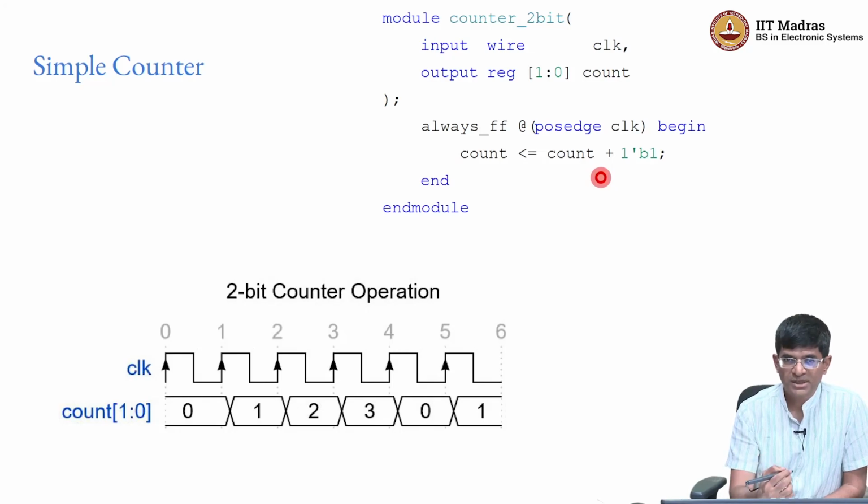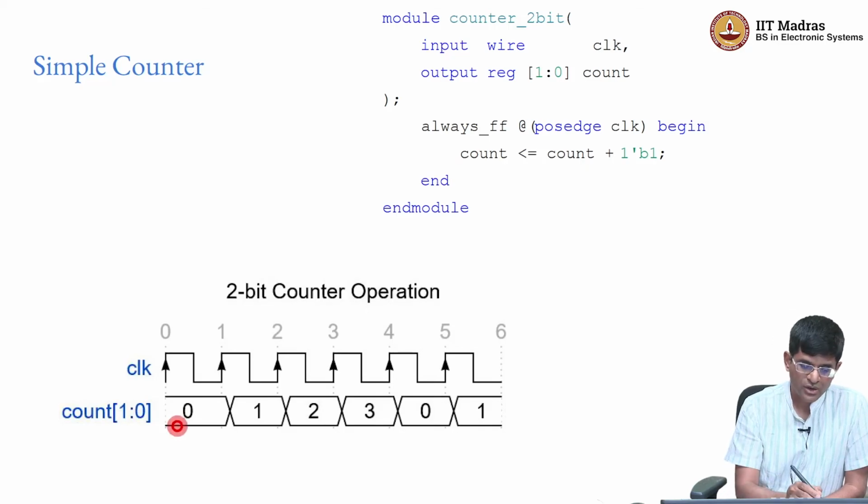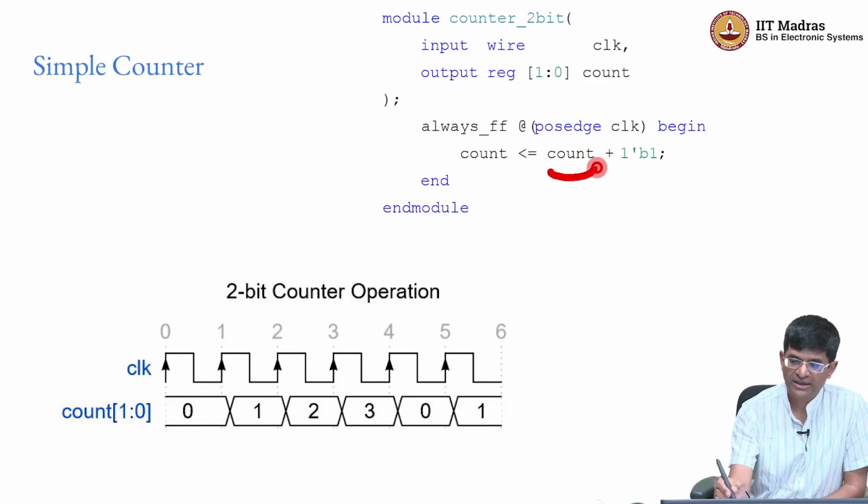Now, for the sake of simplicity, let me assume that count starts from a value 0, or in binary 0 0, okay. So this is what I have here. Essentially, count starts off with a value 0, and what I say over here is every time there is a pos edge of the clock, take the present value of count, add 1 to it, and put that value into count again, right.